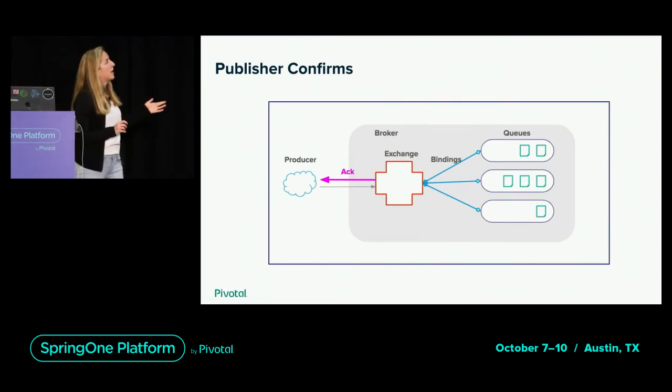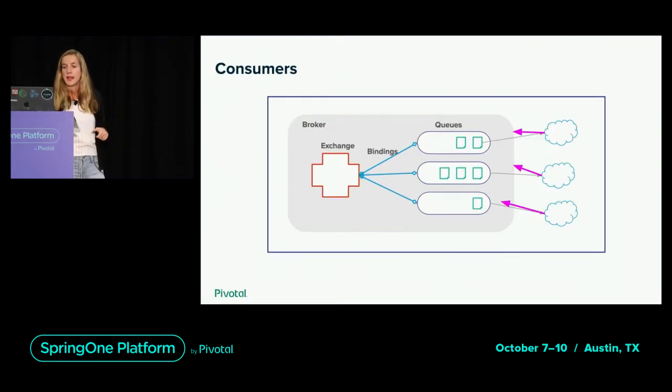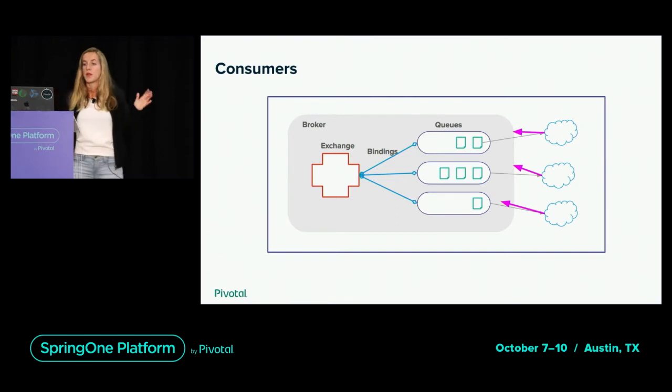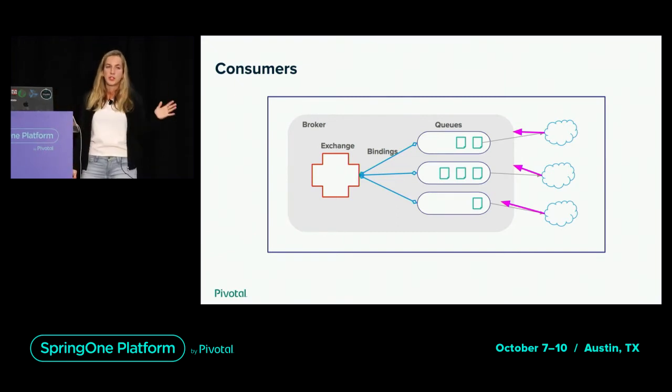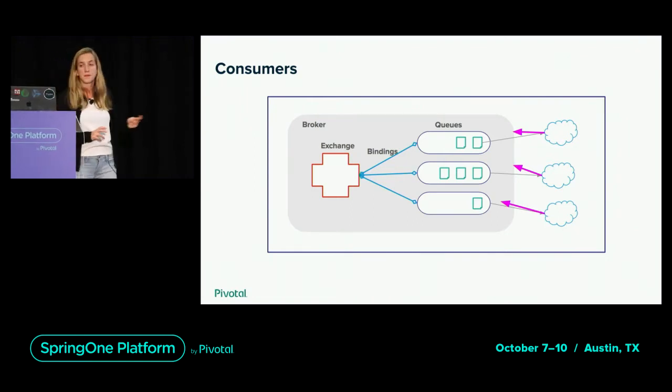We talked briefly about publisher confirms. This is when the broker confirms back to the producer that it received the message, and that the message has been appended to the relevant queues or written to disk, whatever the message is supposed to do. And then you have consumers, where Rabbit will push messages to the consumers, which allows you to evenly distribute between multiple consumers, which can be very helpful.